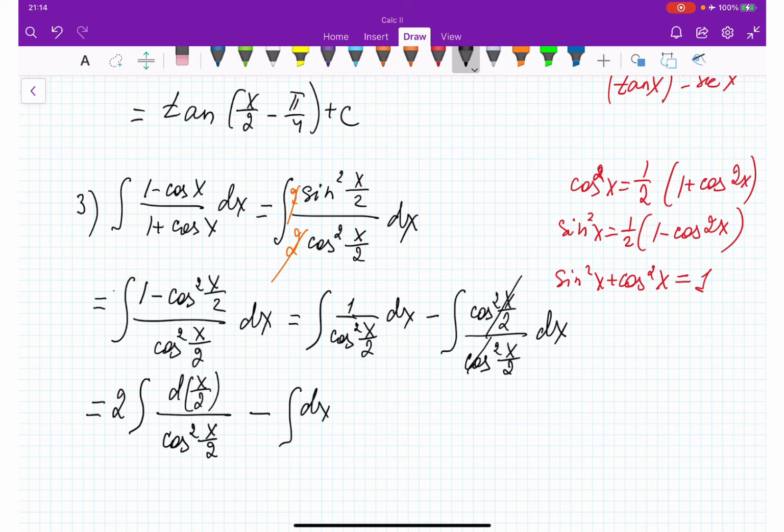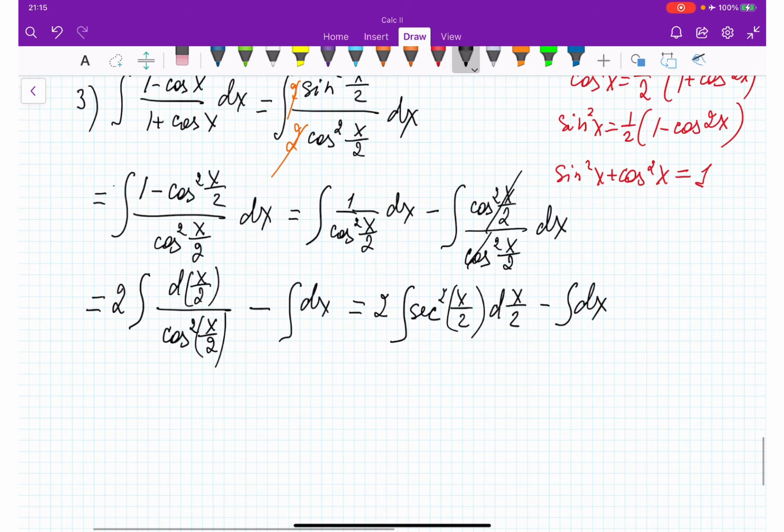All right, so the result is 2, and 1 over cosine squared is secant squared of half of x. Sometimes I put parentheses, sometimes I don't. It's not a big deal. It's not a mistake if you don't put them, and it's not a mistake if you do. And d half of x, minus the integral of dx.